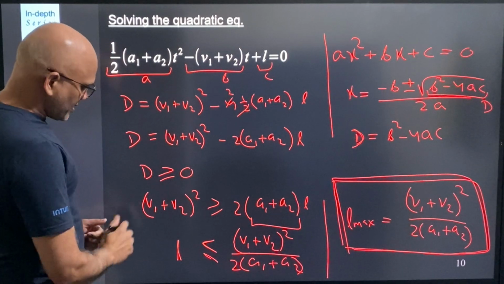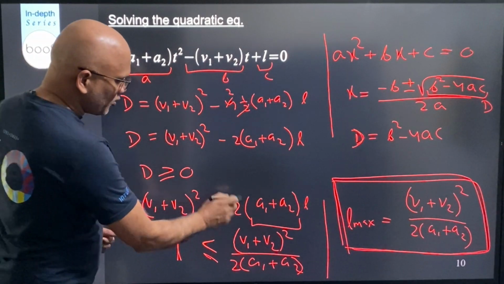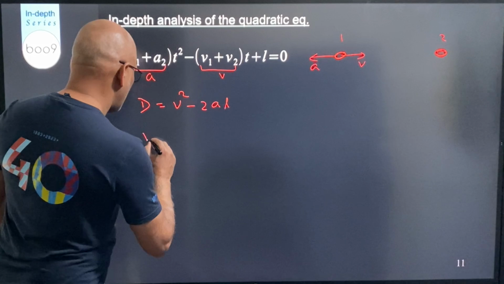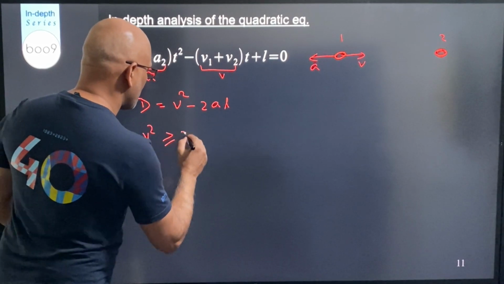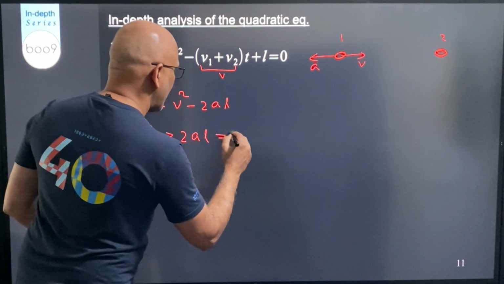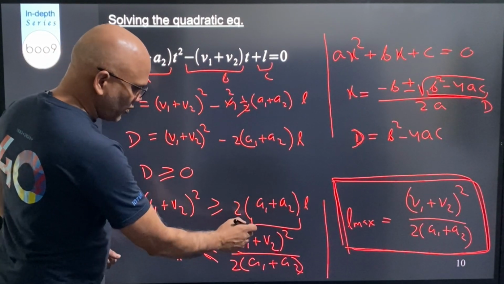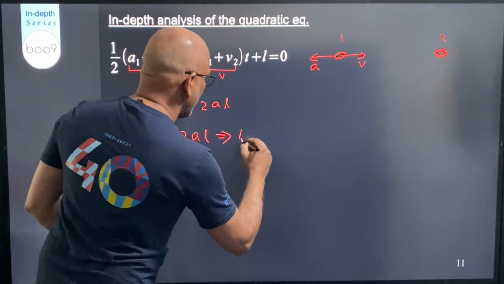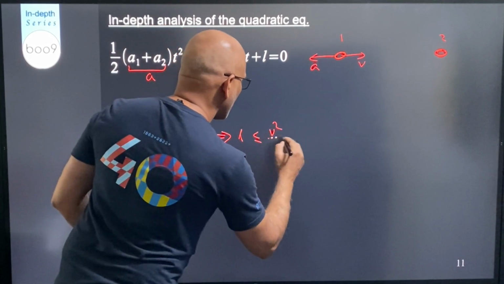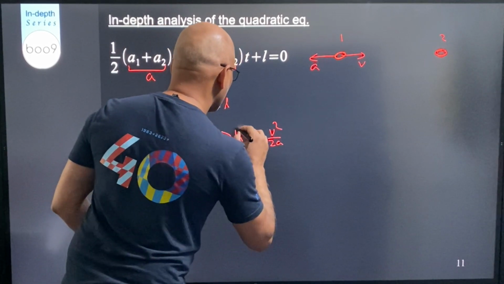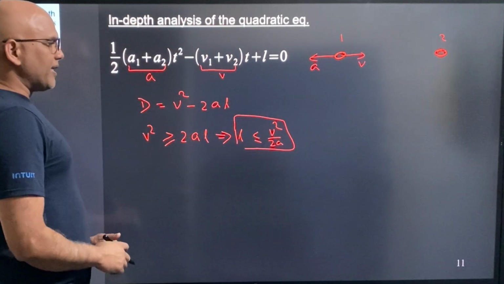Another thing is v square greater than or equal to 2aL, and this gave us L less than or equal to v square by 2a. So this was our final answer, right?